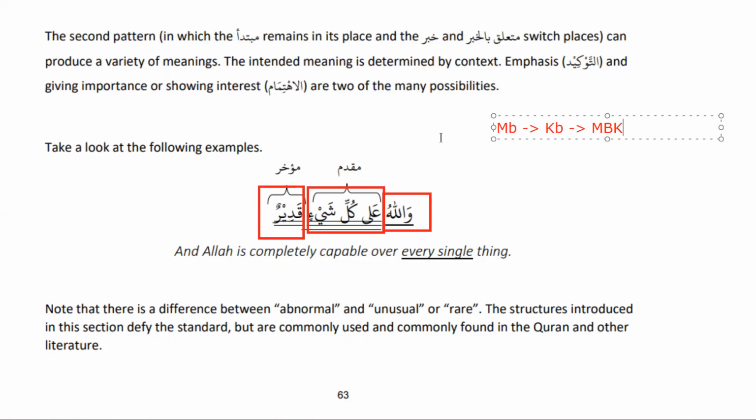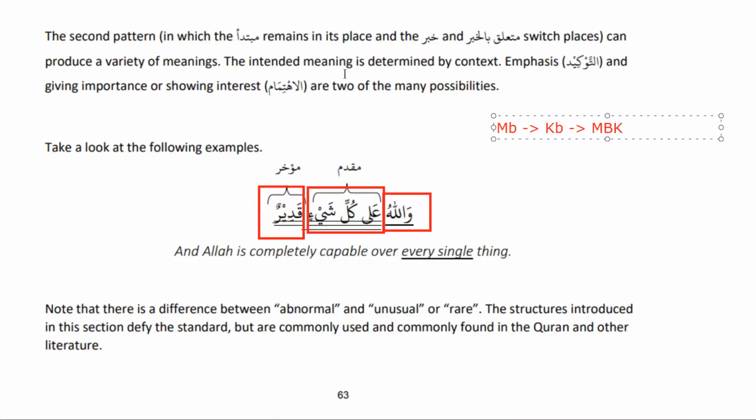Then the rhetorical implications in this second pattern, in which the mubtada remains in its place and the khabar and mutaliq bil khabar switch places, can produce a variety of meanings.